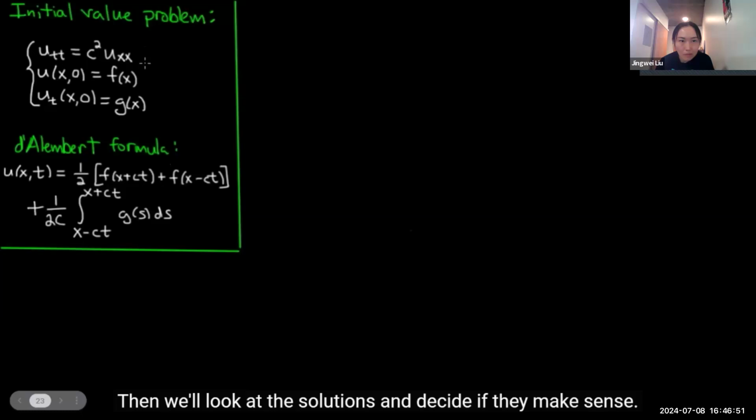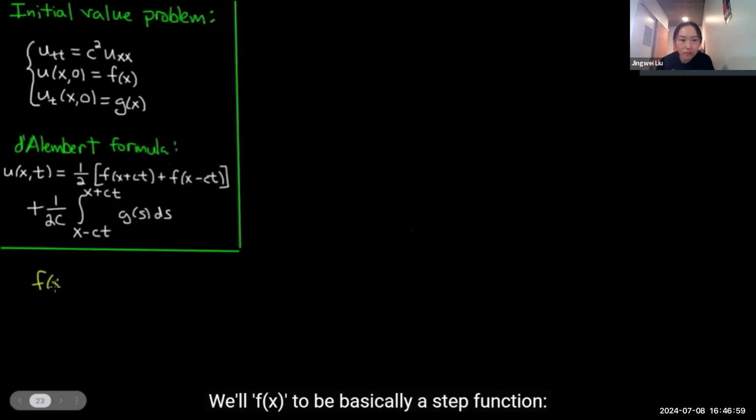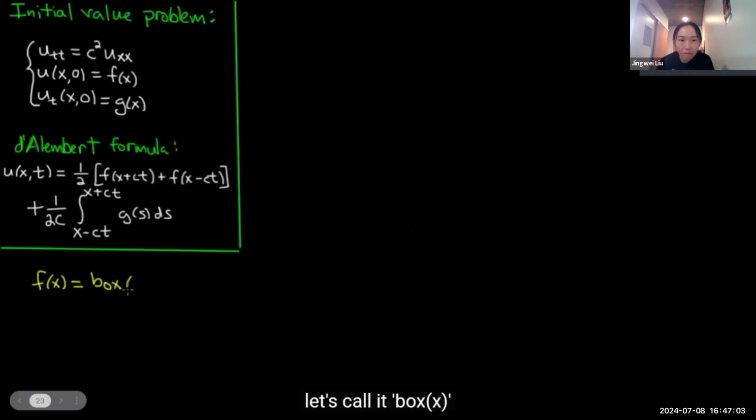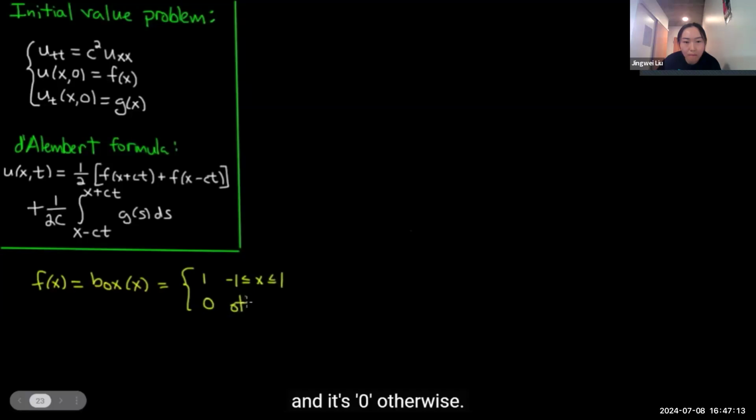And then we'll look at the solutions, decide if they make sense. Our first example will be pretty standard. We'll take f of x to be basically a step function. Let's call it box of x. And that'll be a function which steps up to the value of 1 for x between -1 and 1, and it's 0 otherwise.